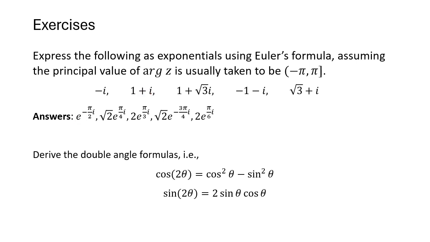This one here, 1 plus i. If you recall, we had a graph a few slides back, and you just need to read off the numbers from that. And then the second exercise is the double angle formula. We did the triple angle formula in the previous slide. This is a little bit easier. You should be able to use the same idea to derive this.